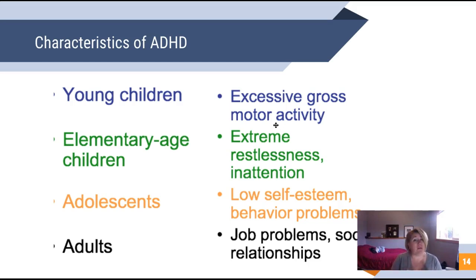Elementary age, what do we expect? Kids are supposed to be able to sit at desks, at tables for longer periods of time. You will have kids that really cannot do that. They're fidgety, they're moving, they need to move, they have that extreme irritation and restlessness. Their bodies need to move, and it's a real feeling.